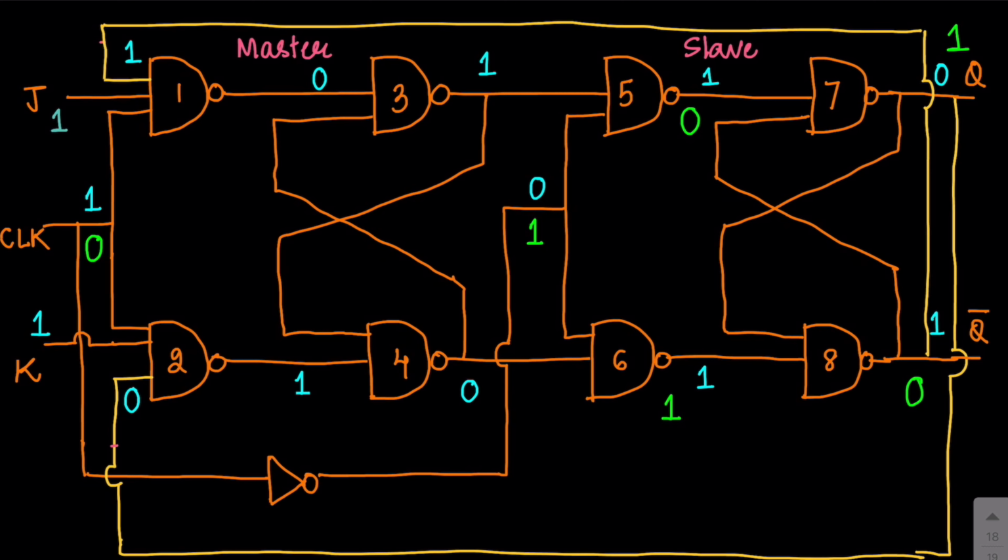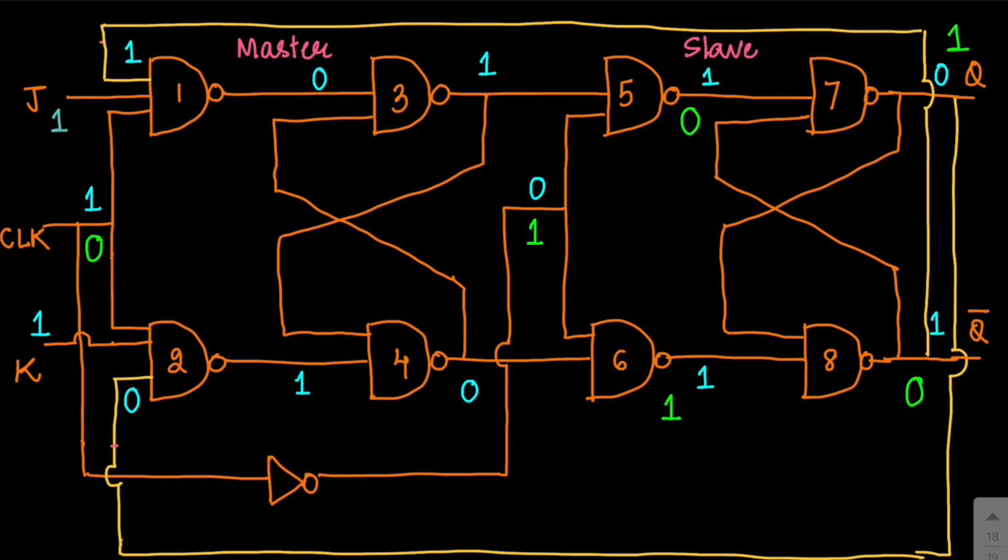The outputs of gates 5 and 6 are 1, 1 each. And hence, on this side of the circuit, because this is a NAND gate based latch, the output remains in the previous state. So whenever the clock is equal to 1, the slave is not responding, and the main output remains in the previous state. So the output does not change.